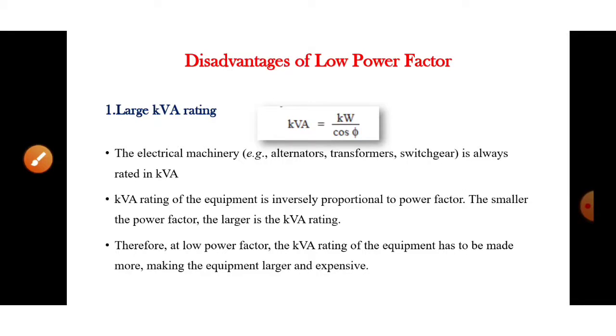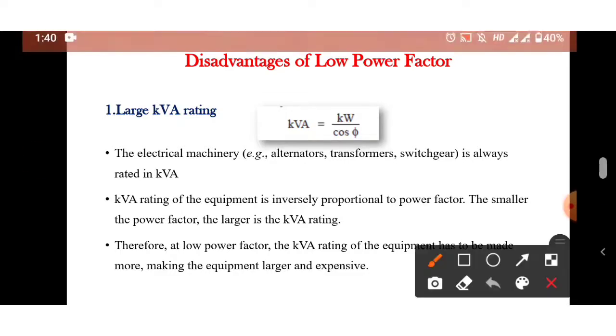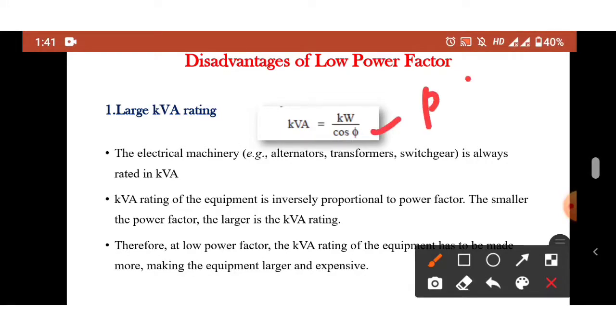Let's see what are the disadvantages. First one is large kVA rating. We know that cos phi is equal to active power by apparent power. So apparent power is equal to active power by cos phi. That is, power factor is equal to active power in kW divided by apparent power in kVA. So from this equation, kVA is equal to active power kW divided by cos phi. Most of the electrical machineries are expressed in kVA.